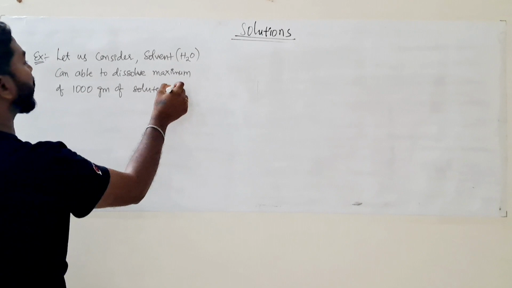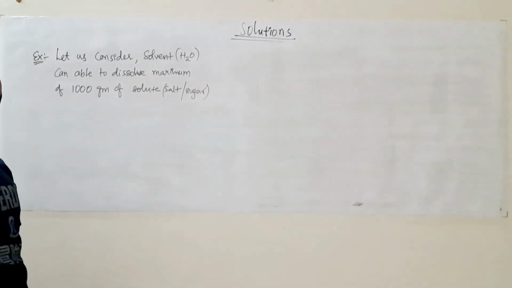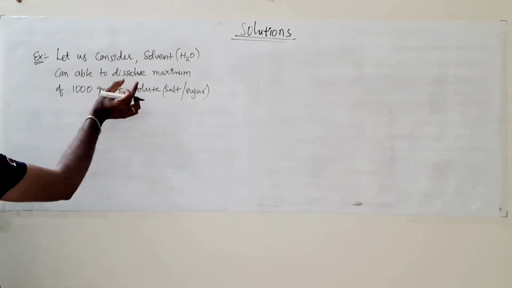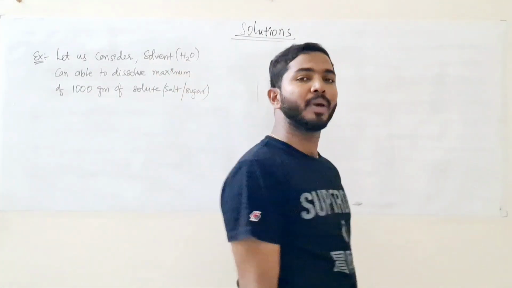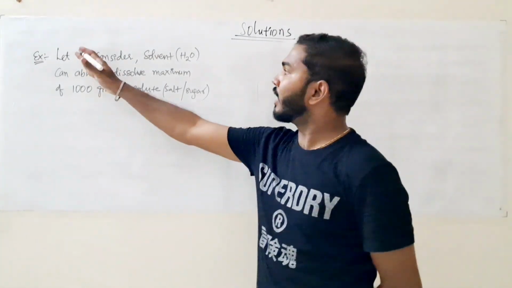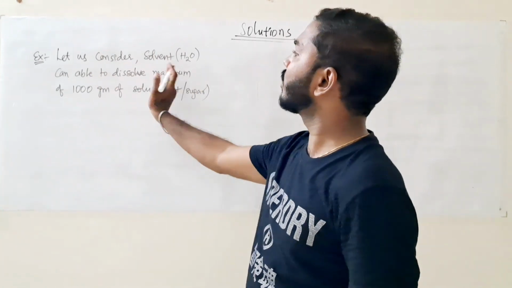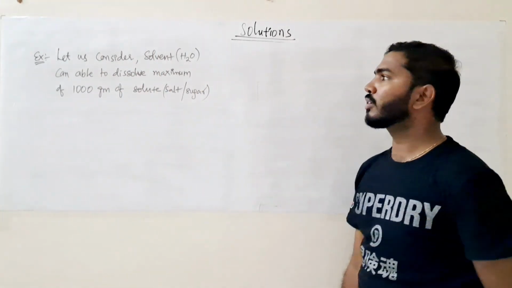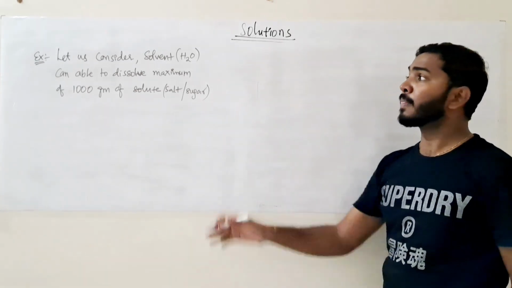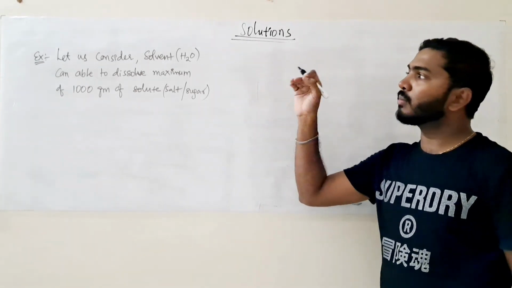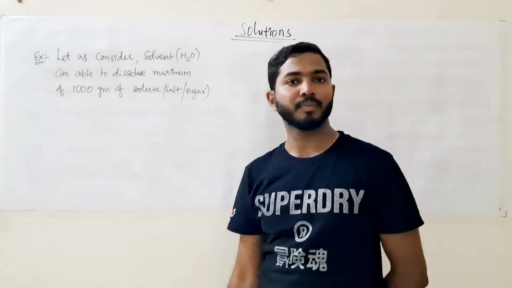Here our solute could be either salt or sugar; let us not worry about that. So what does it mean? From the given data we can understand that our solvent's maximum dissolution capacity is 1000 grams.